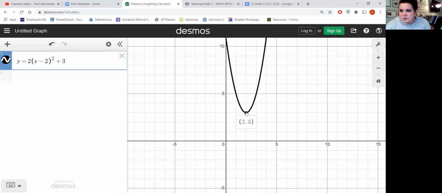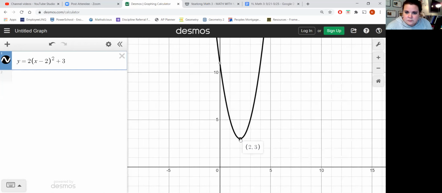And we can see, so a normal quadratic would go over 1 up 1, over 1 up 3, over 1 up 5. This one has a stretch of 2. So instead of 1, 3, 5, it does 2, 6, 10. So it just doubles how much it goes up each time. So you can see it goes over 1 up 2. And then the next one, there's our vertex, over 1 up 2, over 1 up 6 is how far we have to go to get to the next square.